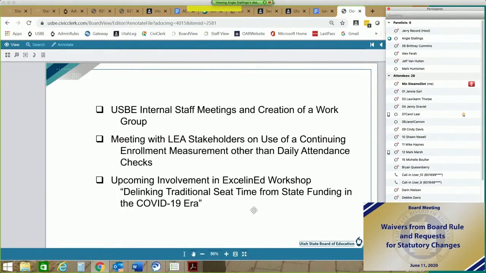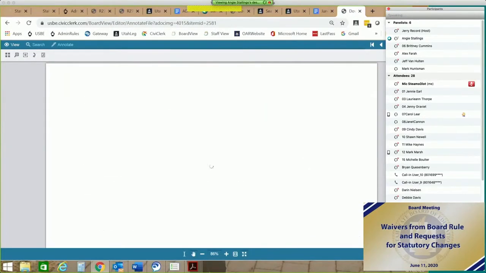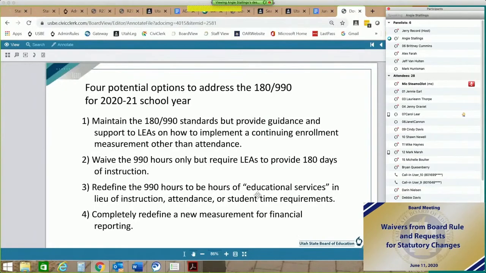It's called Delinking Traditional Seat Time from State Funding in the COVID-19 era, which we're hoping to learn from some of our colleagues in other states, as well as Excel in Ed, on ways that maybe we could rethink the 180 and 990. And so right now, here are some of the options that we're considering, although it may end up being that there's something we haven't even considered yet that we end up making a recommendation to you all on in a later board meeting or committee meeting.